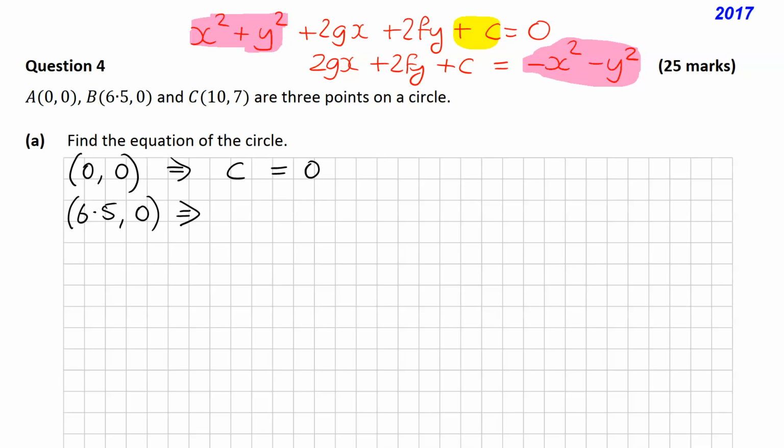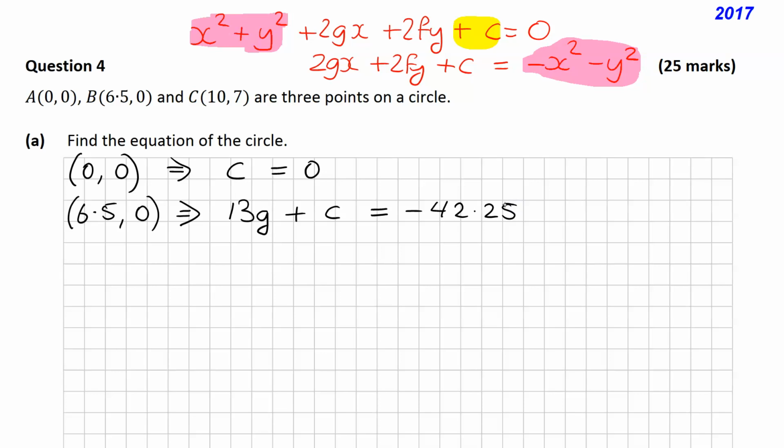So basically then, filling into this, I'll have double the x in front of G, which will be 13G. I'll have double the y, which is 0, in front of F, so I won't have any, plus C. And then over here in pink, I've minus x squared minus y squared. So 6.5 squared is 42.25, and I'm going to stick a minus in front of it. And obviously 0 squared is 0.